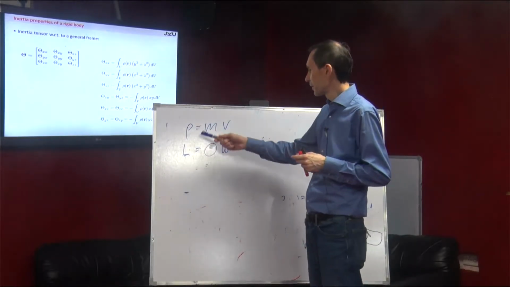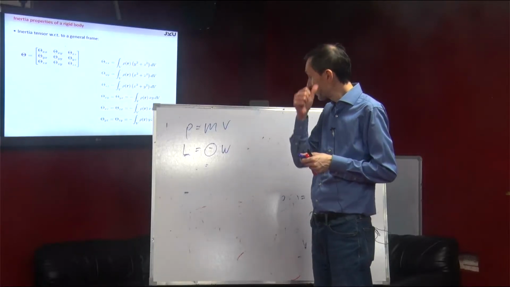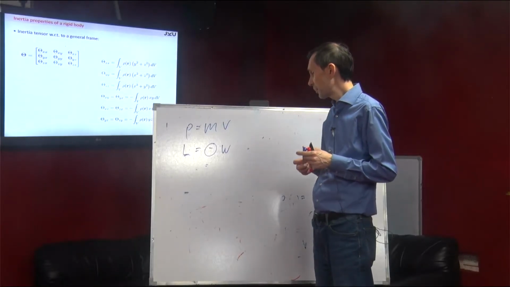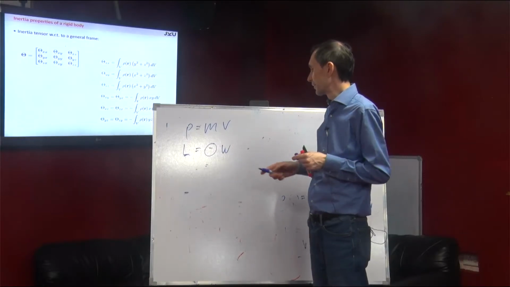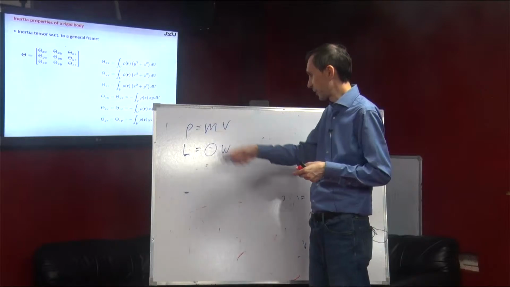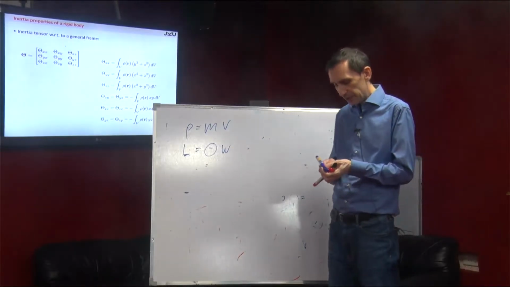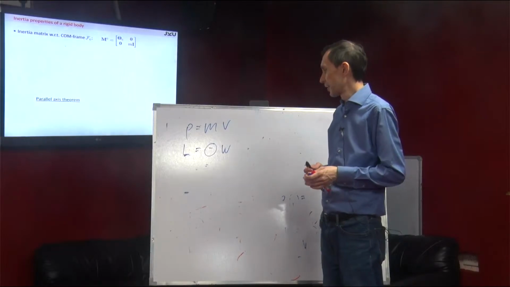Now, the linear momentum apparently is independent of the frame. Is it? Maybe not. Anyway, you have to fix the frame, and relative to this frame you have the corresponding P and L. Now, what you could do is plug this into a bigger matrix.